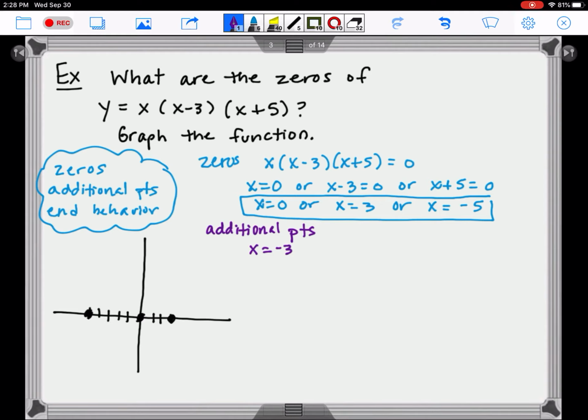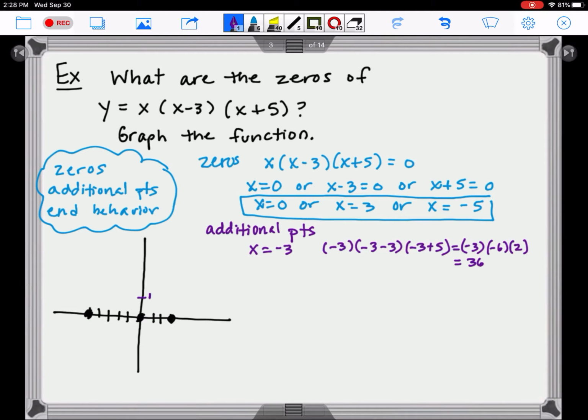So I have negative 3, negative 3 minus 3, negative 3 plus 5. So this is equal to negative 3 times negative 6 times 2. Well, let's see. Negative 3 times negative 6 is 18. 18 times 2 is 36. That means the point is negative 3, 36.